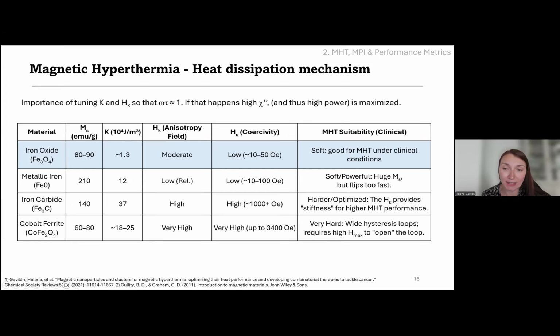And cobalt ferrite that is too hard. So in order to open the hysteresis loop, it would require bigger applied amplitudes of the alternating magnetic field. So this is why iron oxide has nice magnetic properties for magnetic hyperthermia.